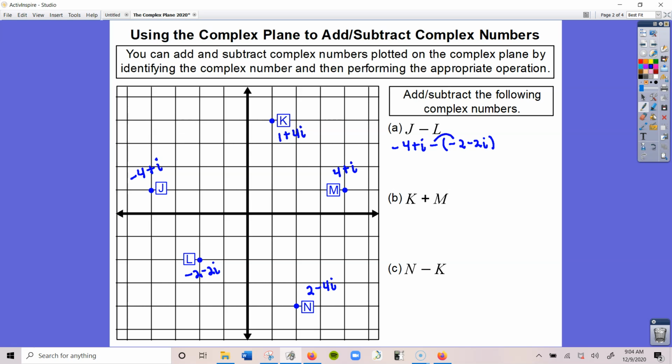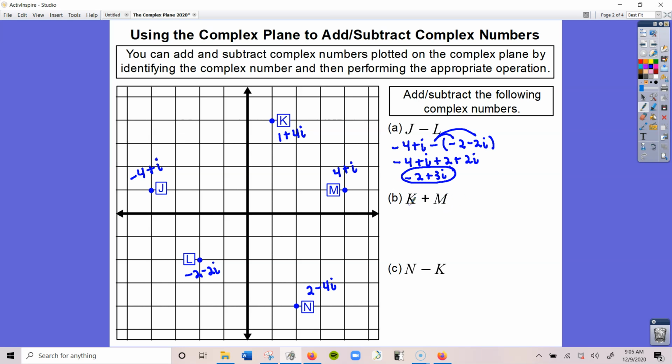So now I would distribute this negative, and I would get -4 plus i plus 2 plus 2i. And now you would combine like terms. -4 plus 2 is -2, and then i plus 2i is plus 3i.